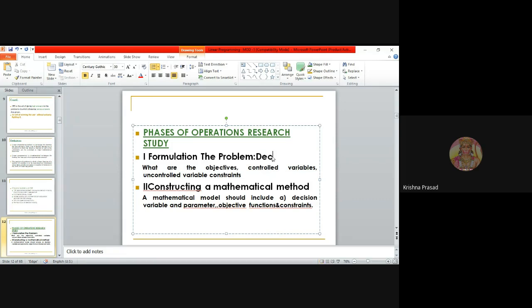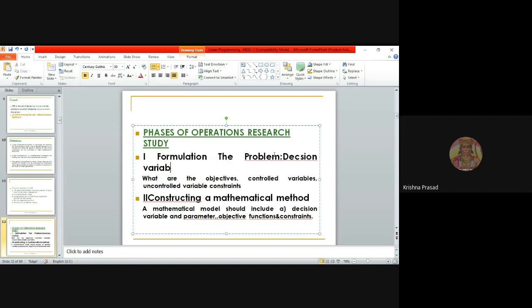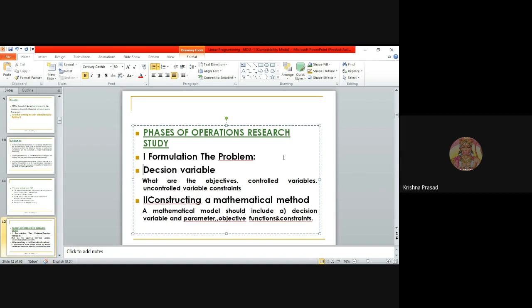The next one you're going to take is your objective function. The objective function is very important. And what are the constraints you're going to take? For example, to do this particular PGDIOM, the constraint is attending the classes on weekends, while you have a lot of other work, your office work and your house work.